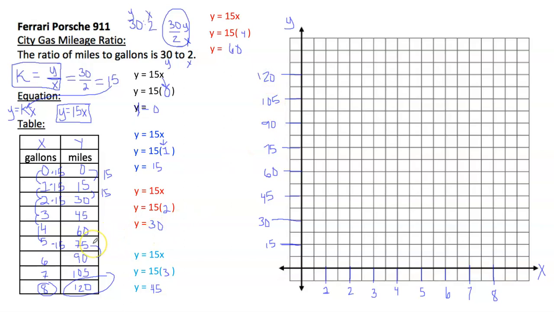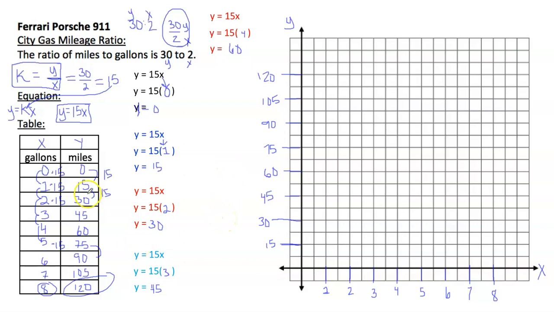Let me make sure I have all my values. Oh no, did I skip one? Maybe not, let me check. 15, 30, 45, 60, 75, 90, 105, 120. Okay, I just thought that I skipped something. All right, we're good. It's always good to check over your work.